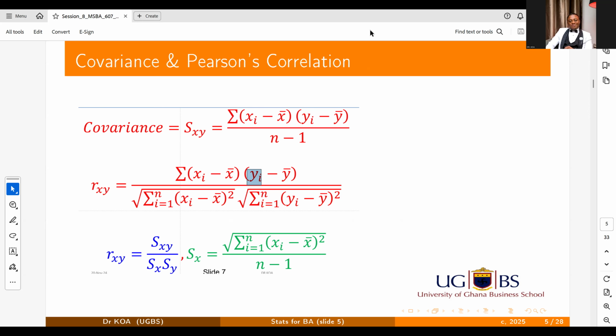So you just look at the relationship between quantity demanded and price. As long as you have the column for quantity and column for price, you're done. You can calculate a correlation. As long as you have hours of study and then the grade, it is sorted.